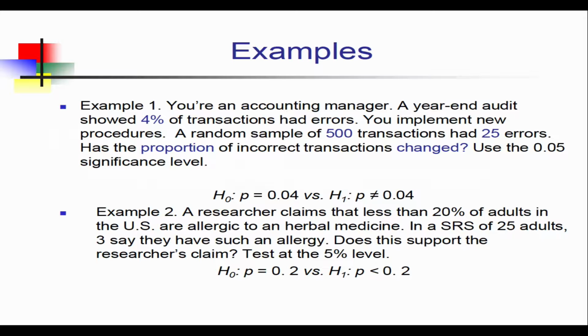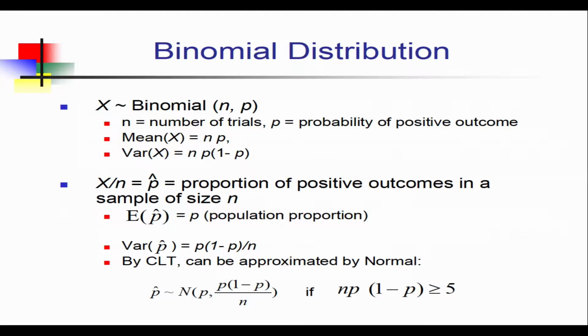This is his research goal. We should put p less than 0.2 in the alternative hypothesis. And under the null, we should put the proportion equals 20%. Is that okay? So this is another example. This test is gonna lead to a one-sided test.